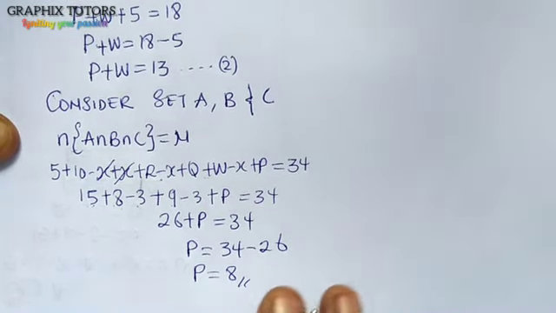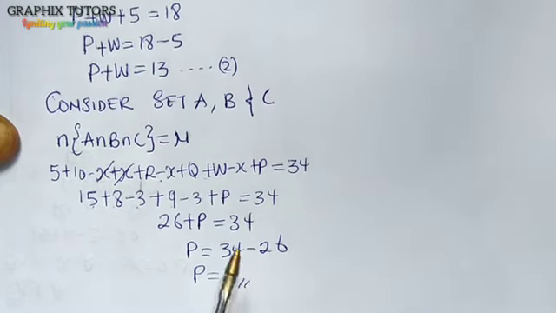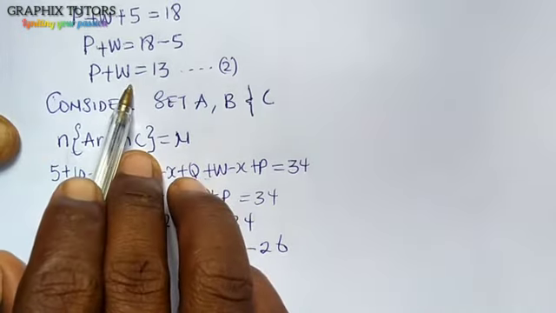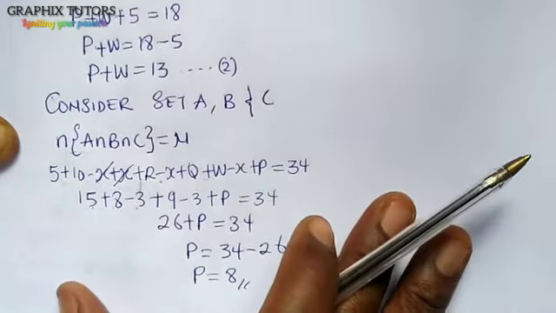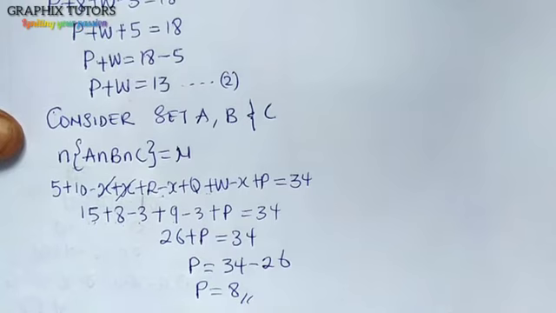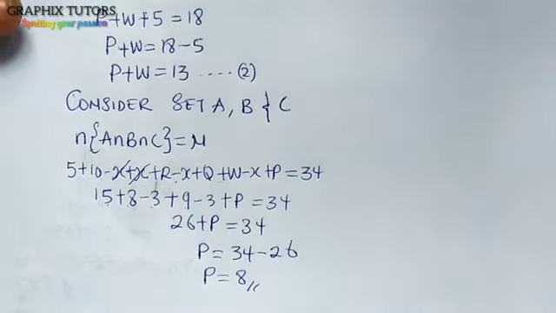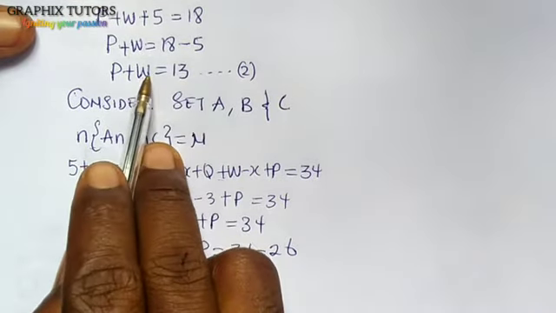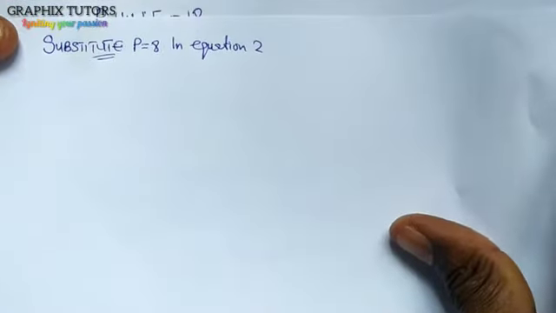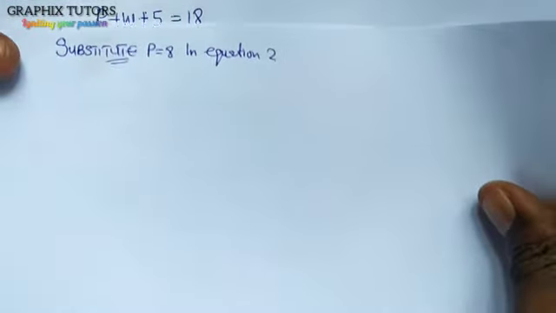Now we've gotten p. Now what you do, you substitute p in equation 2 to get w. When you substitute p into equation 2, we say p plus w is equal to 13.